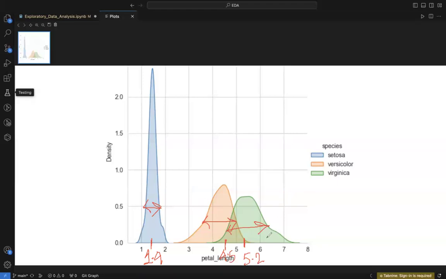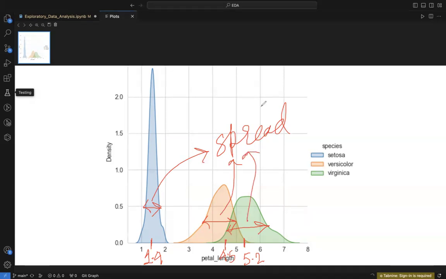So if you look at these histograms, or this PDF, then the width here basically represents your spread.